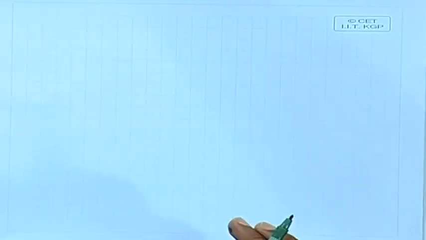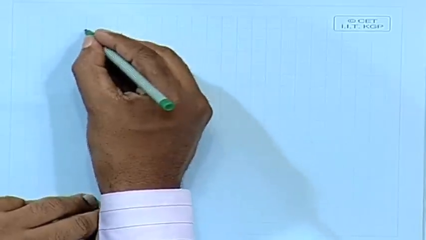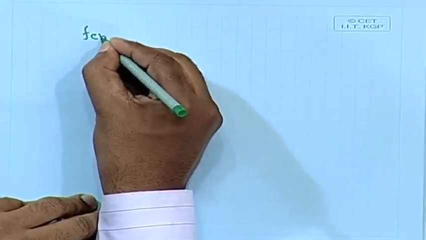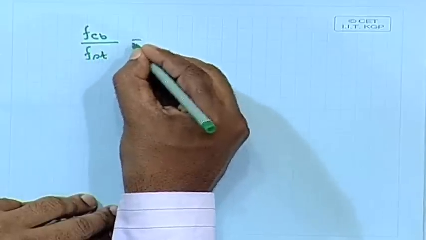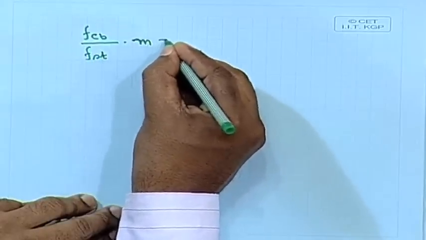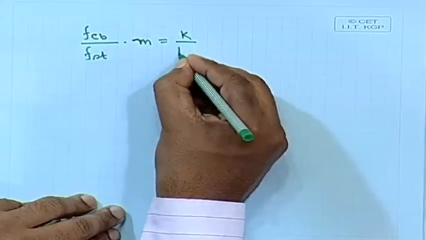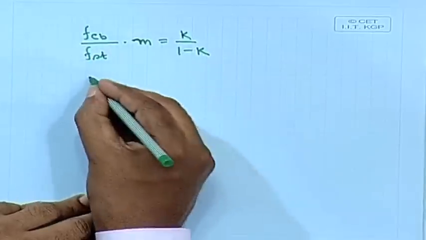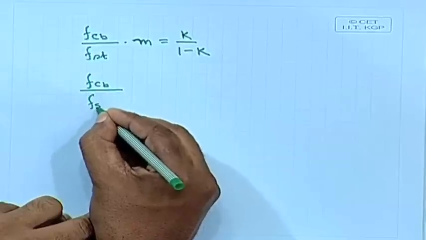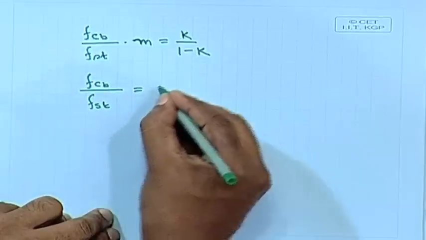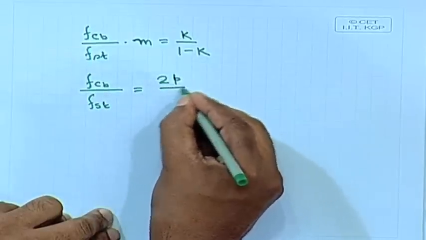So, we have almost finished. F_cb by F_st times m equal to k by (1 minus k). F_cb by F_st equal to 2p by k, that already we have done.